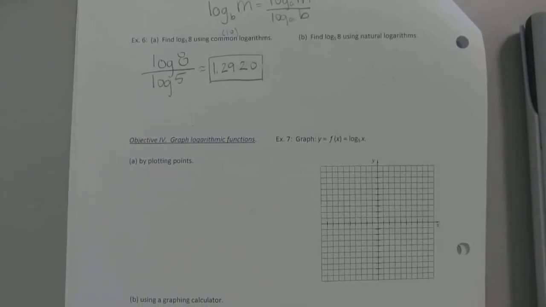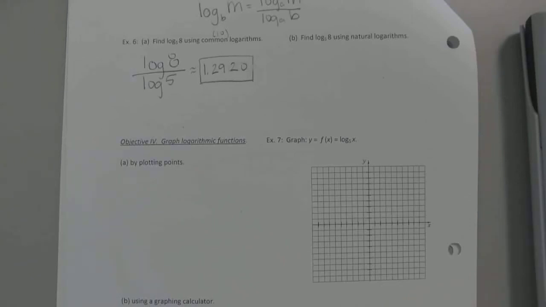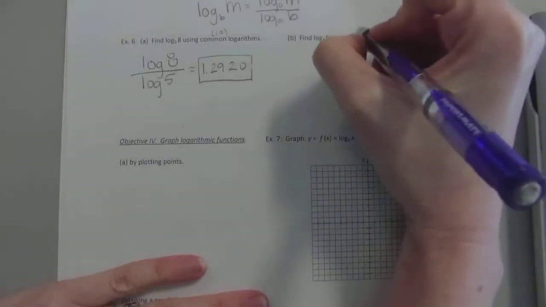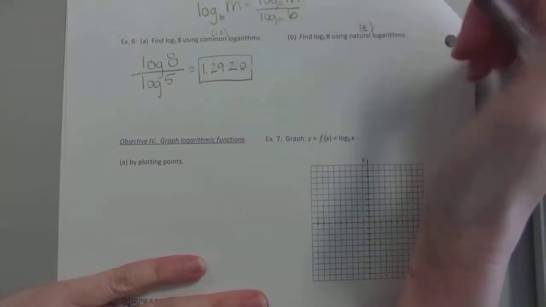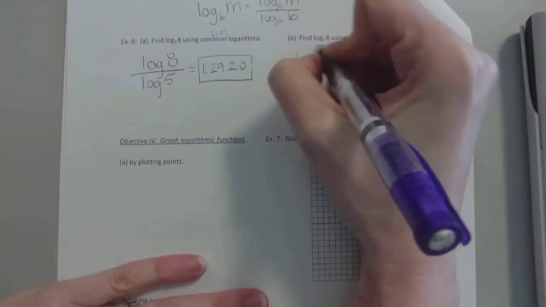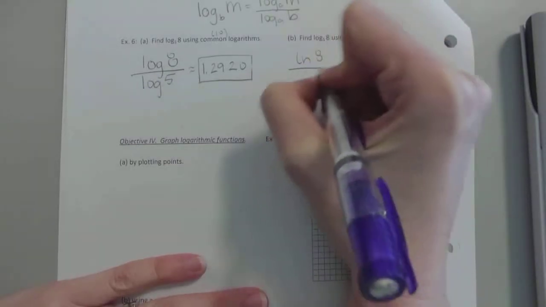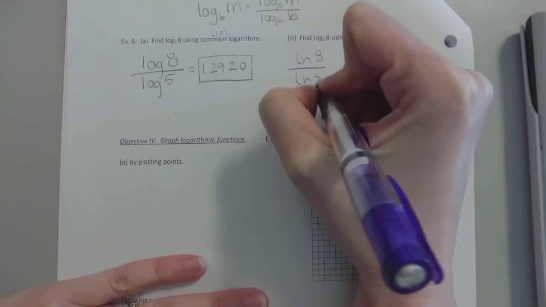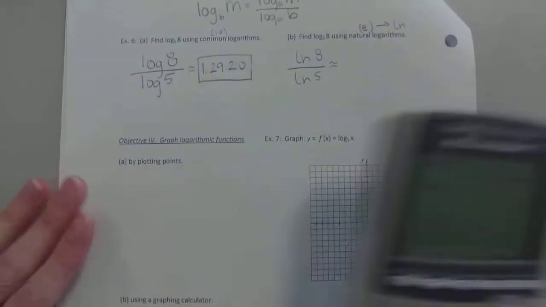All right, so now what we want to do is find log base 5 of 8 using natural logarithms. Should our answer be any different? No. Log base 5 of 8 is the exponent to which we need to raise 5 to get 8. So we should get the same answer, but they just want to show you. It doesn't matter what base you use, you're going to get the same thing as long as you use this formula. So natural logarithm is base e. We'll do the natural log of the original number, 8, over the natural log of the original base 5.